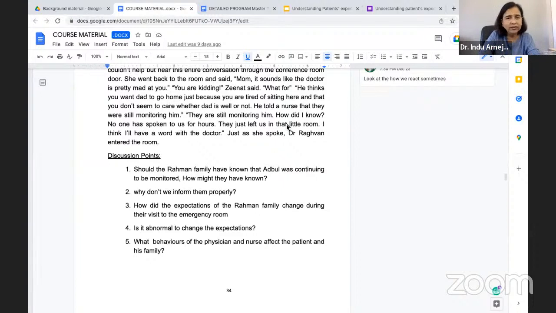Absolutely. So yes, Dr. Seema, I agree that they expect immediate attention when they come to the hospital. The clinical concern is, yes, Dr. Monga, that I should be attended at the earliest and should be relieved of my symptoms. But at the same time, these expectations are going to be changing every now and then.